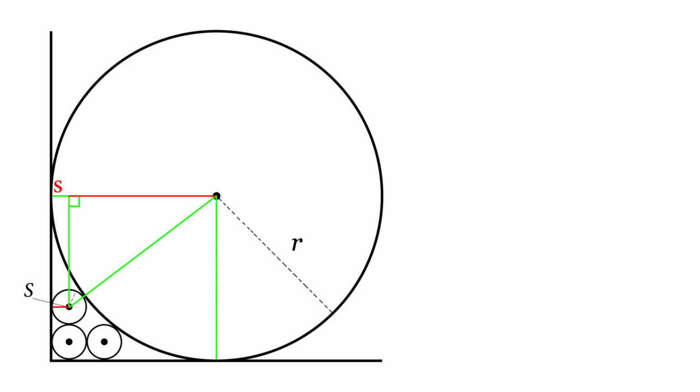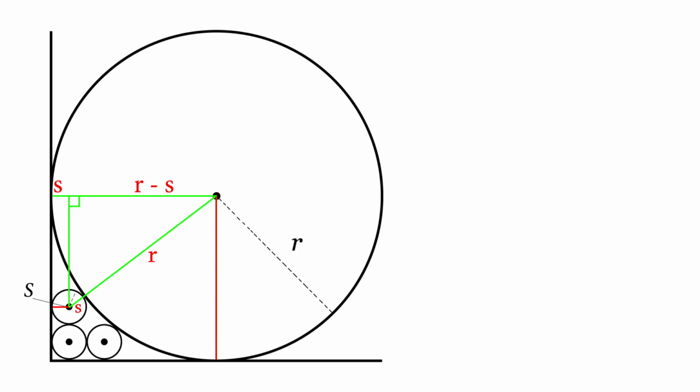So that means from here to here is the radius minus S. I hope that makes sense. And then from here to here, that's the radius of the circle, the large one. And then from the center of the small circle to that point is S, which is just the radius of the small circle.